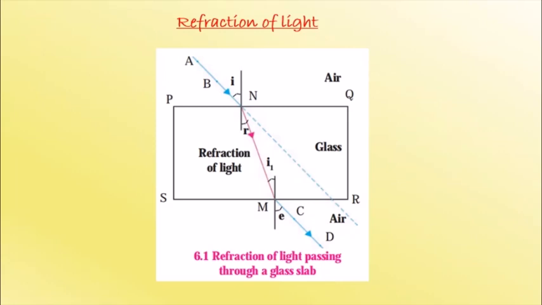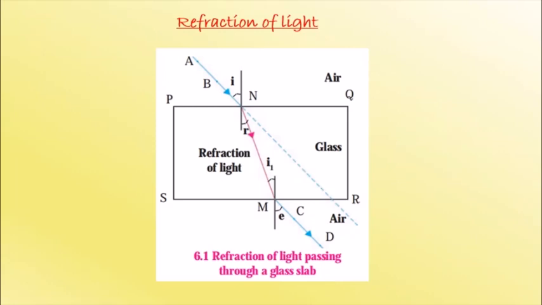Now we all know that the angle of refraction is equal to the angle of incidence. Here I1 is equal to R. In the second refraction, the angle of refraction is E, which is equal to I, that is, the angle of emergence. Now on both the parallel sides, PQ and RS of the glass slab, the change in direction of the light ray is equal but in the opposite direction.